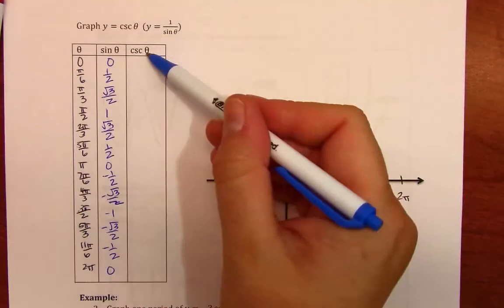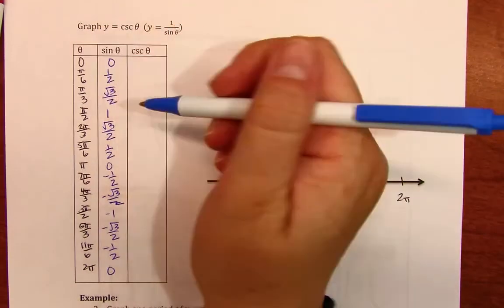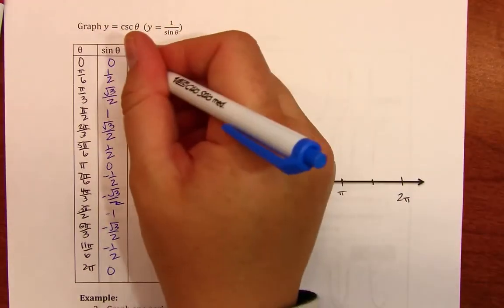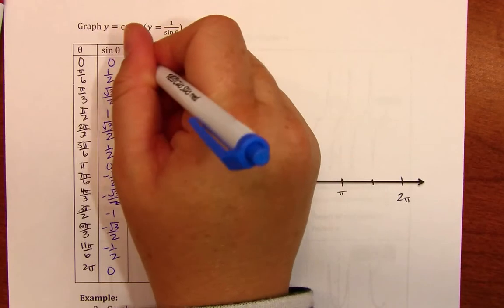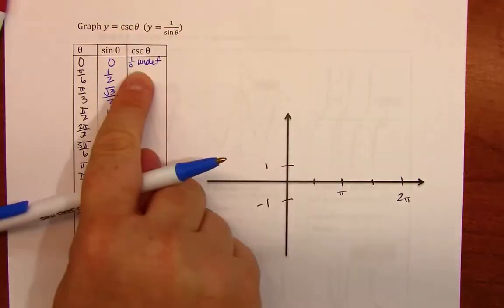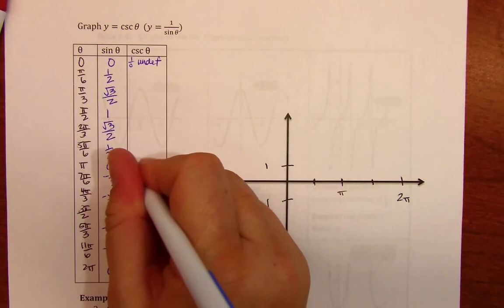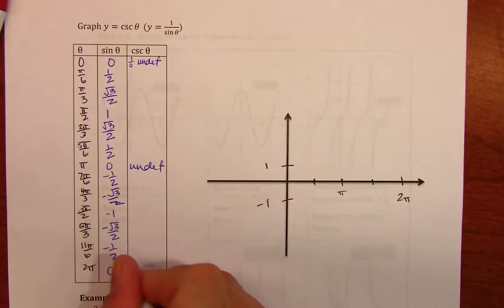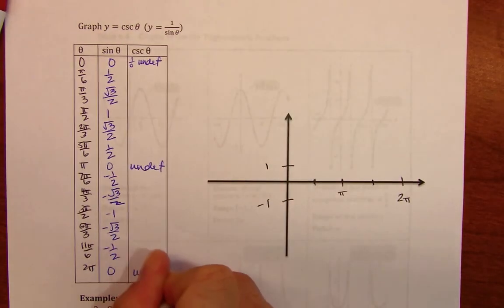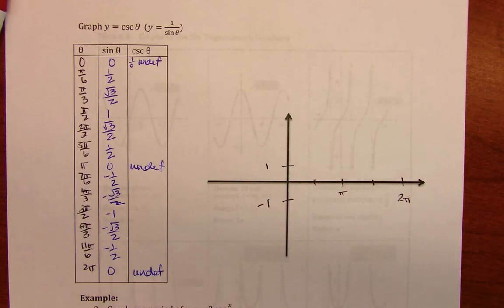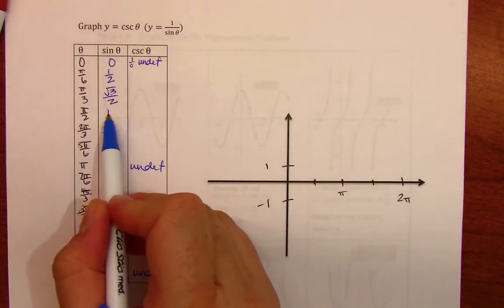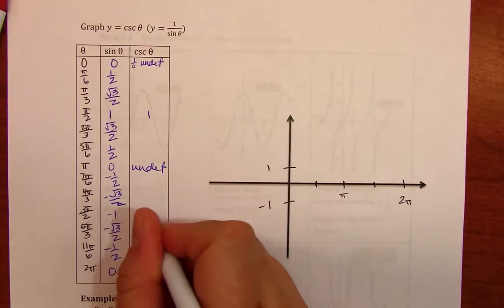So when we look at the reciprocals, so 1 over these values, well 1 over 0 is undefined. So that's going to happen there, it's going to happen here, and it's going to happen here. So there's our asymptotes. Then wherever sine is 1, this is going to be 1.